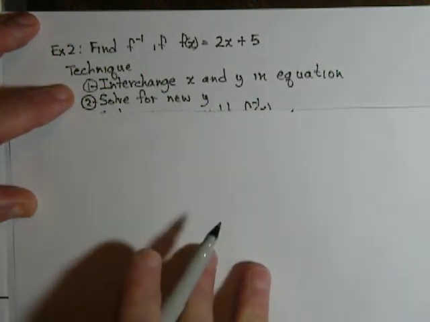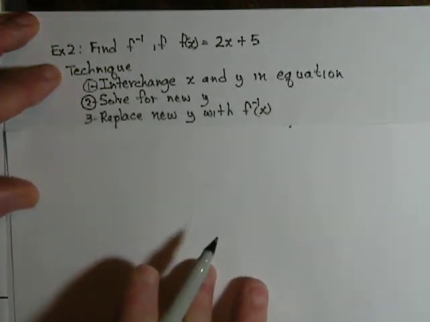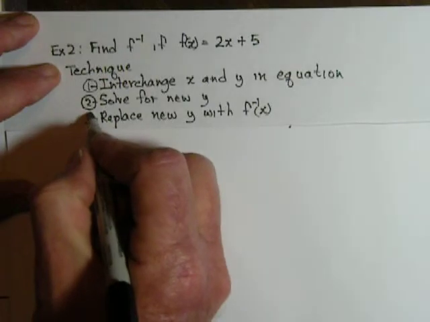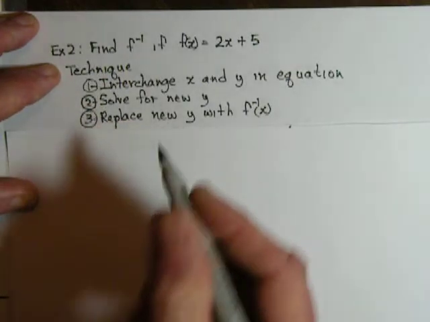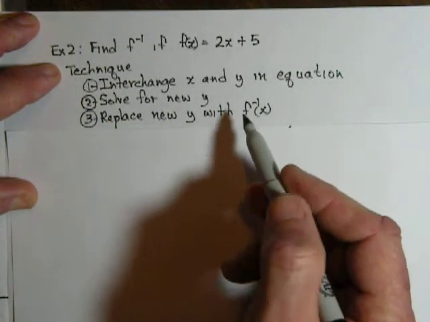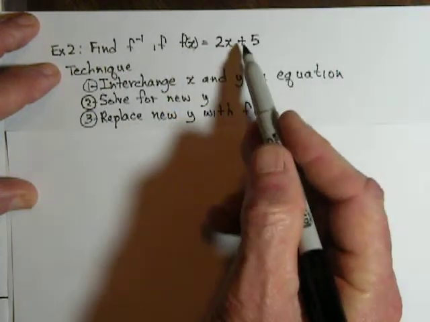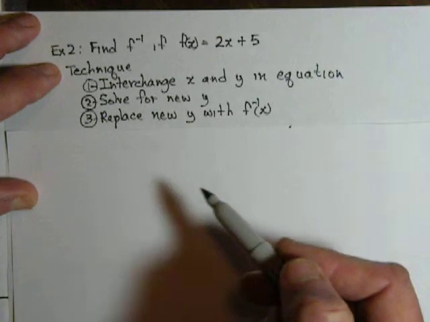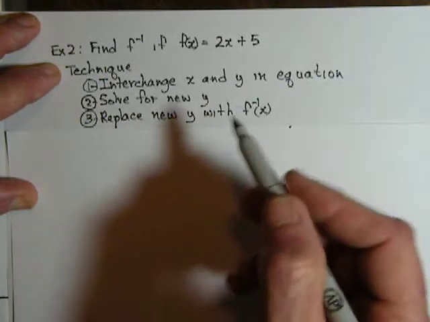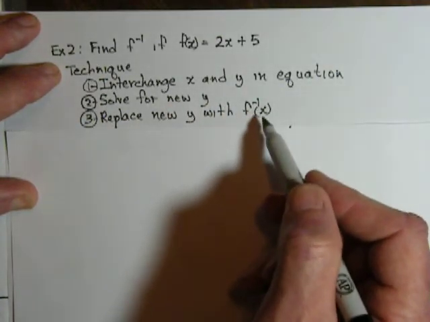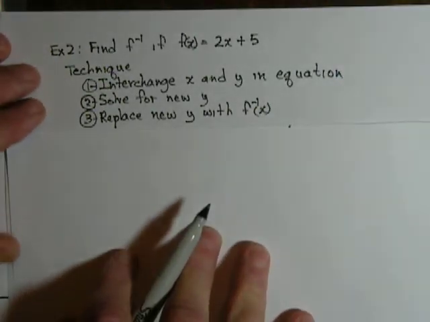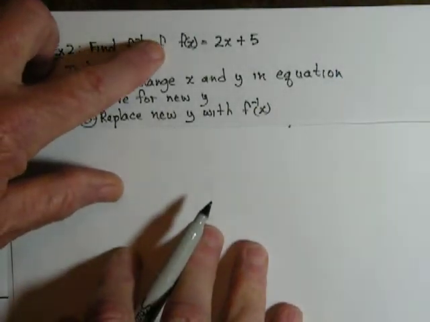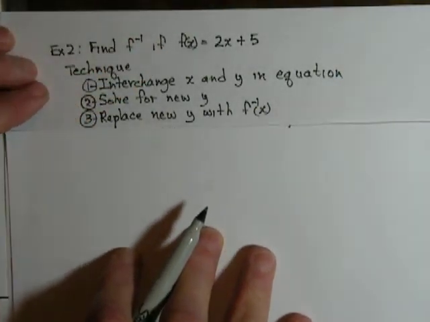Now once you've solved for the new y, you're going to replace that y with f inverse of x. The reason we do this is because if you start off with y equals this and you wind up with a new equation y equals, we like to differentiate between the two equations so we'll know which one to use. So we name it f inverse of x. So now we'll do this example using this technique.